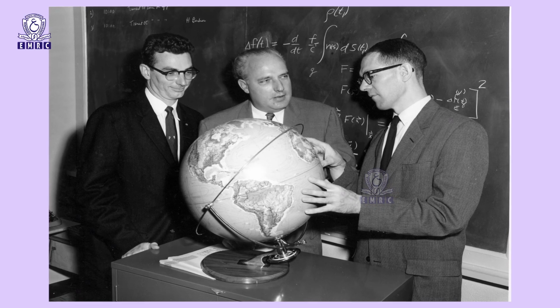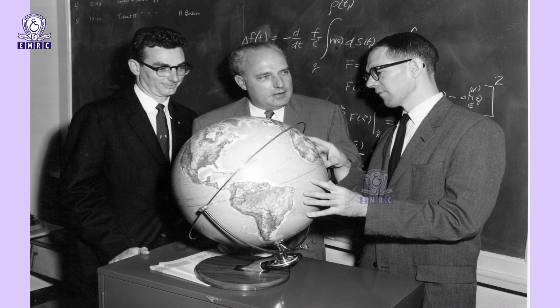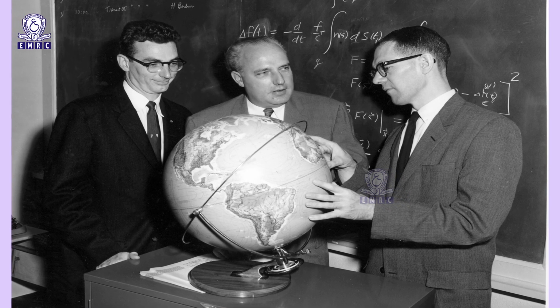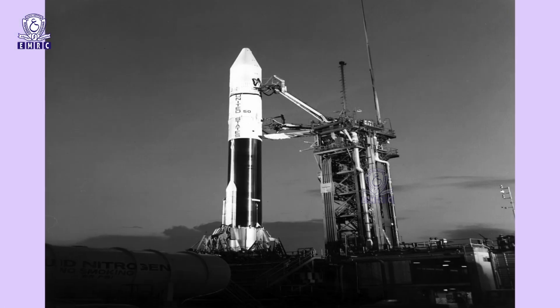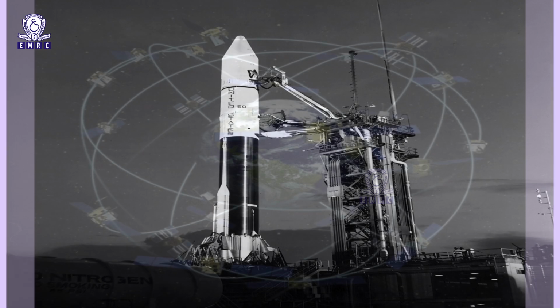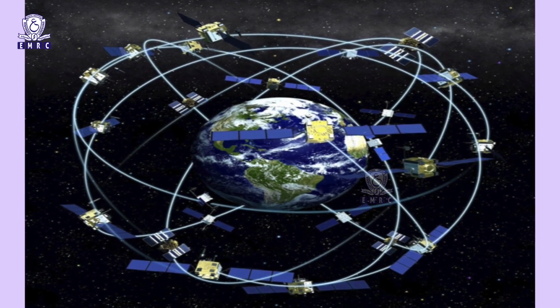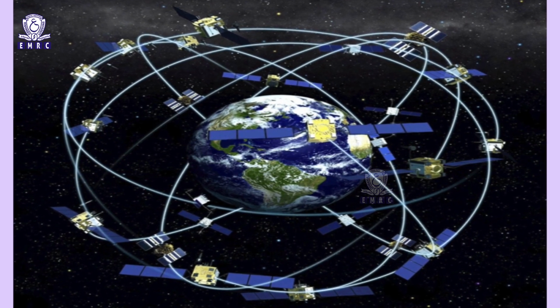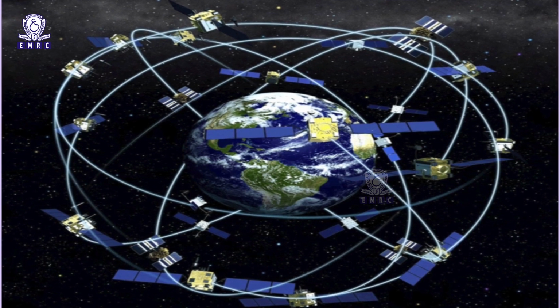The GPS project was started by the US Department of Defense in 1973, with the first prototype spacecraft launched in 1978 and a full constellation of 24 satellites operational in 1993.